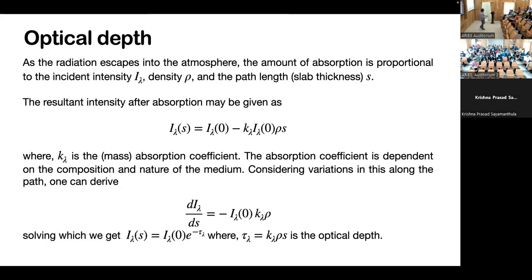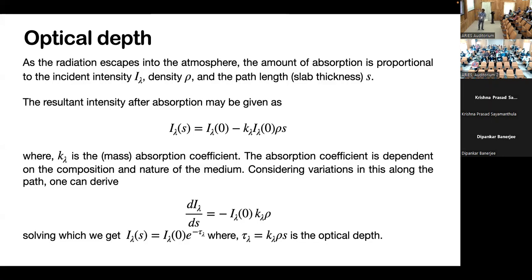It depends on the composition of the material, because the composition determines how much of the incident light will be absorbed. The incident light can be at a certain wavelength, but whether it is absorbed by neutral hydrogen, or neutral helium, or whatever the composition of this layer is, depends on the state. If hydrogen is in an excited or ionized state, then how much radiation is absorbed, and at what wavelengths, will differ. So K lambda is a factor that depends on the composition.